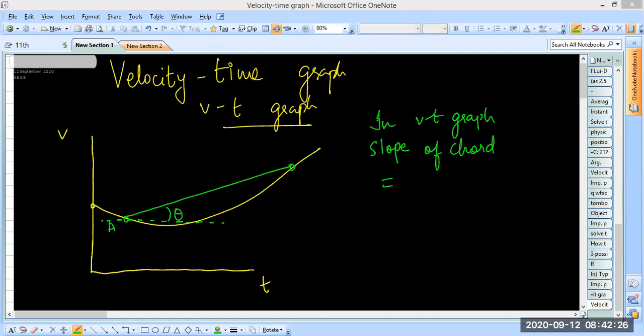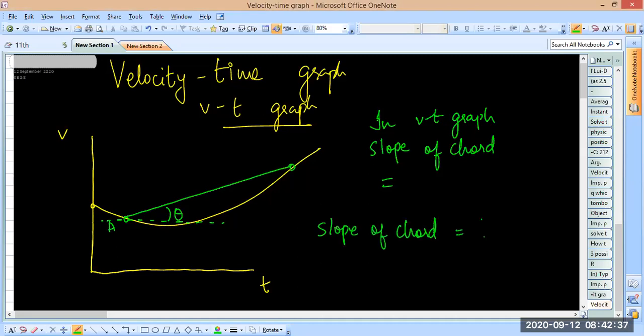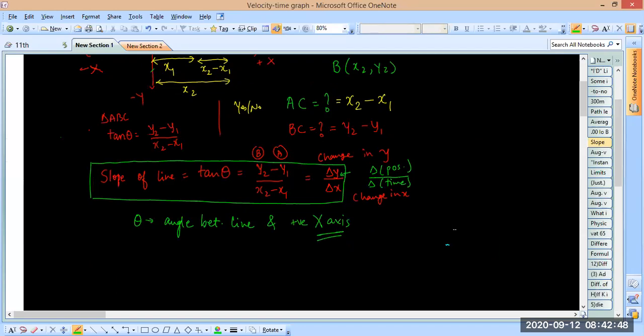Look here. If it is any kind of graph, the slope of a chord is always equal to delta y by delta x. I hope you all remember that. We talked about it very early in the chapter. I'm sure I'll have it written somewhere.